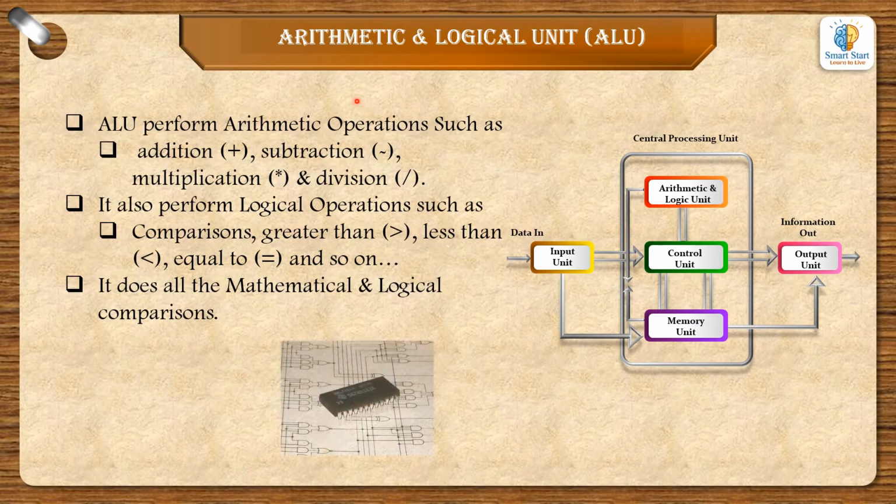First is the arithmetic and logical unit. ALU stands for arithmetic and logical unit. It is inside the CPU. The ALU performs arithmetic operations such as addition, subtraction, multiplication and division, etc. It also performs logical operations such as comparisons like greater than, less than, equal to and so on.